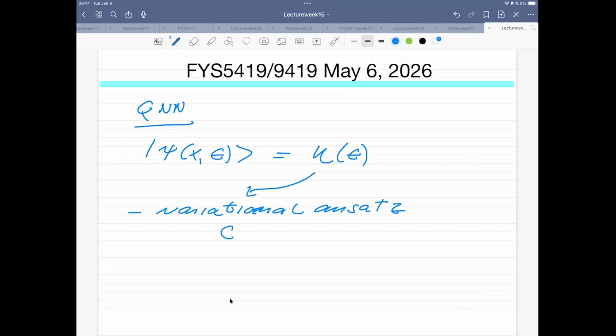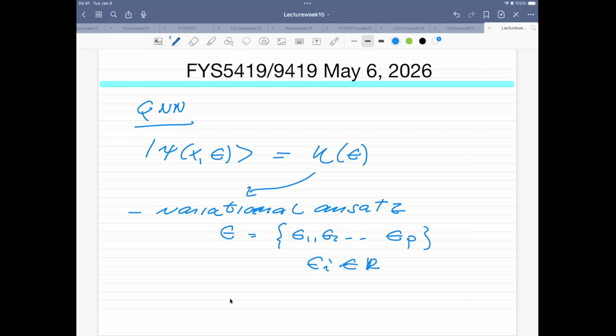So theta would then be a set of parameters, theta 1, theta 2, etc., up to some theta p. They are normally real parameters, but you could also have them as complex. So these thetas, theta i, are normally real parameters.